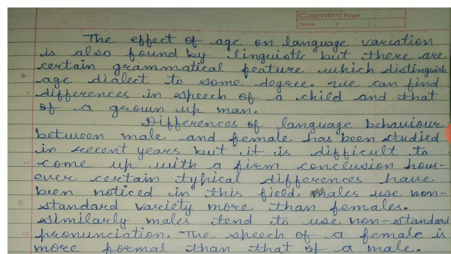His lexical items, his structure, his pronunciation are different, but as he grows up, he changes that pattern, and obviously his pattern comes nearer to the standard form of English. We can find differences in the speech of a child and that of a grown-up man. So even age causes change in the use of language.